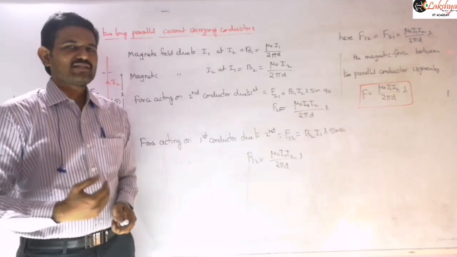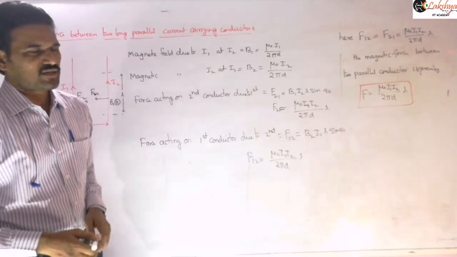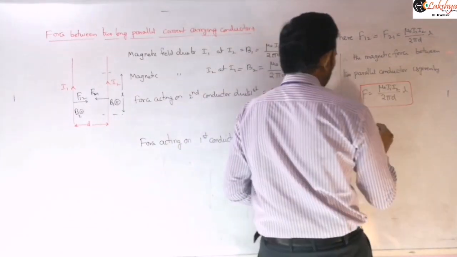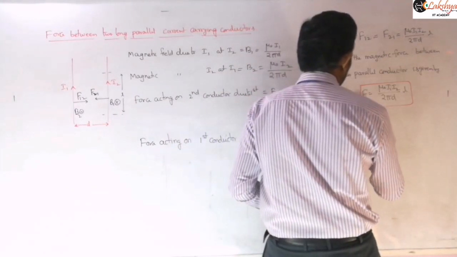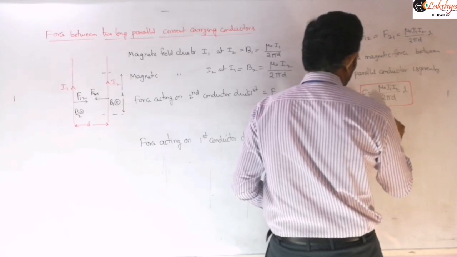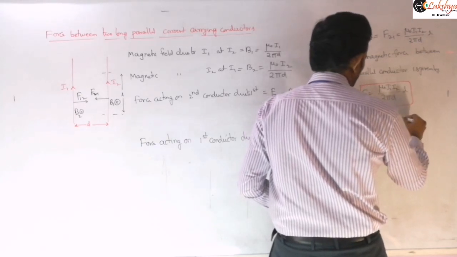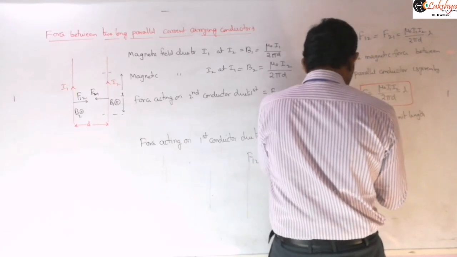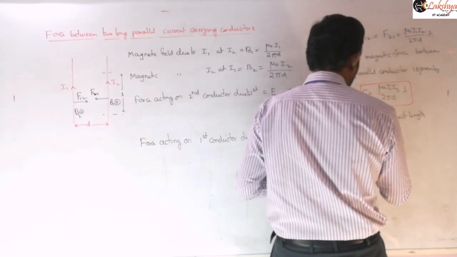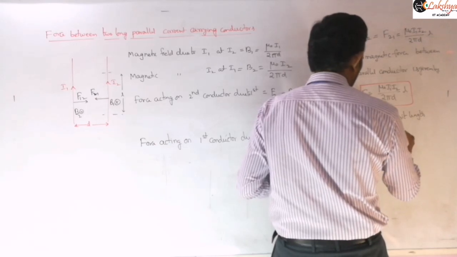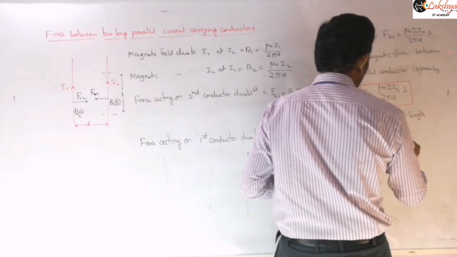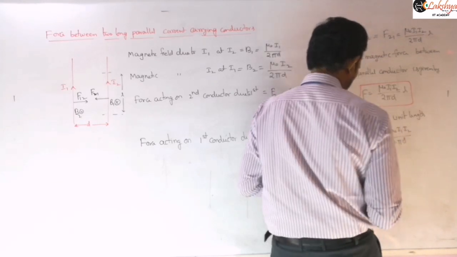As I said, in general we express that as force per unit length. If you are expressing it in terms of force per unit length, we can write this as F by L. So F by L value is mu naught I1 I2 by 2 pi d.